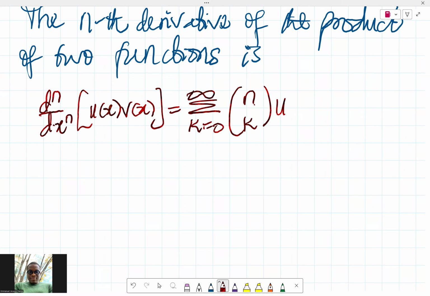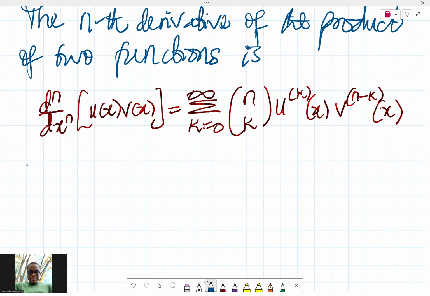Then you have u^(k), so that k there talks about the kth derivative of u of x, then v^(n-k), the n minus kth derivative of v of x. That sounds confusing, but I'll do an example to drive home the point. So you have u^(k) of x, the kth derivative of u of x, multiplied by the n minus kth derivative of v of x, and that's how that works.